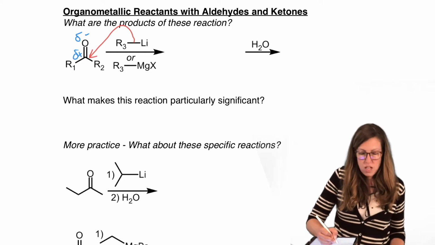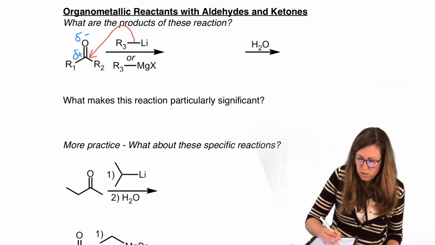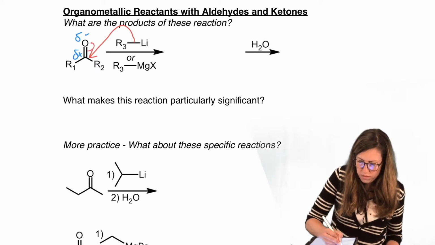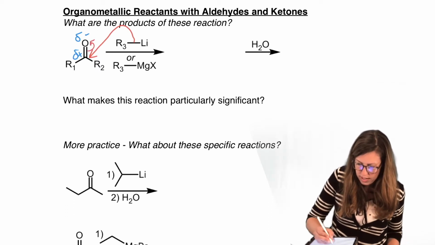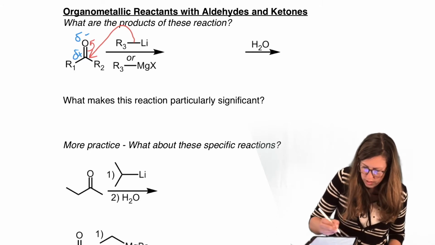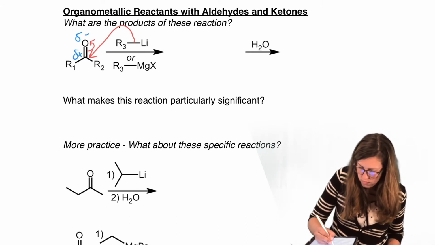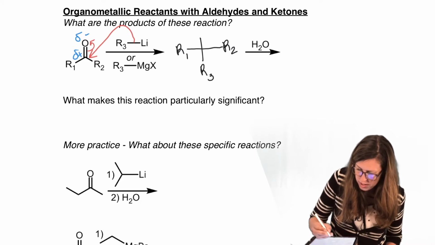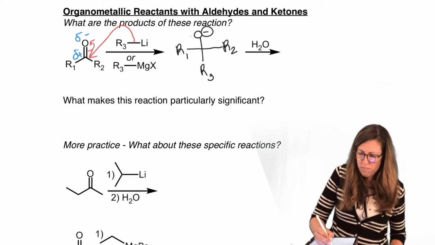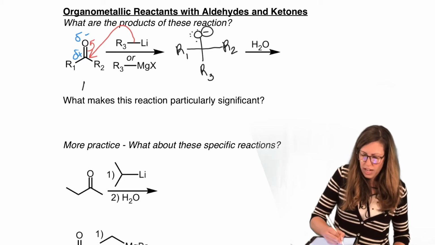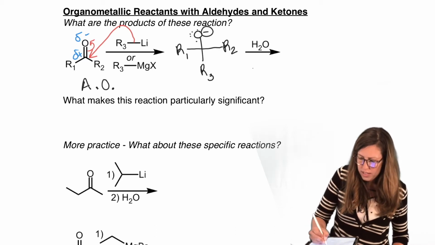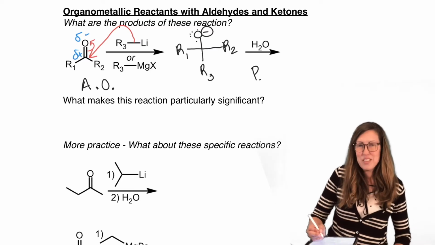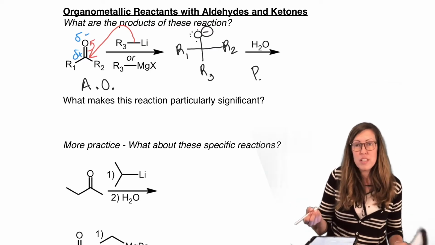So attack straight to the carbon, open, and we have R1, R2, new R3, yay, that's the exciting part, and O minus, because we opened. So it's attack, open, and then step 2 is to protonate. The mechanism's the same, just a different nucleophile.